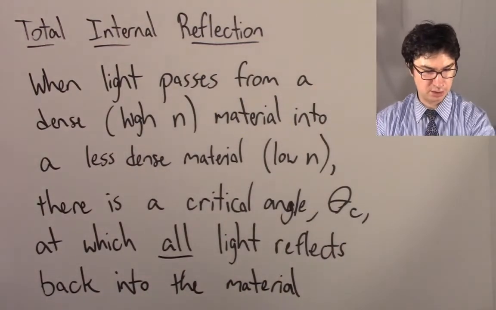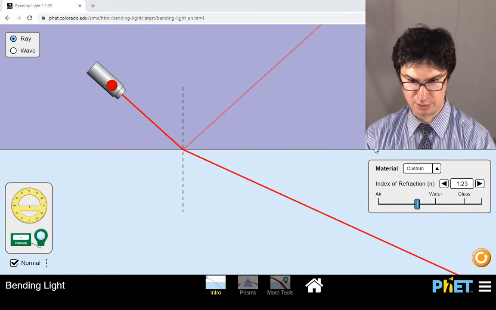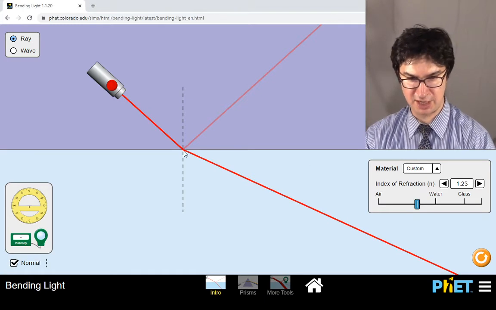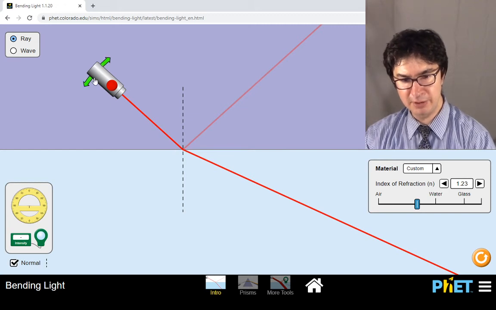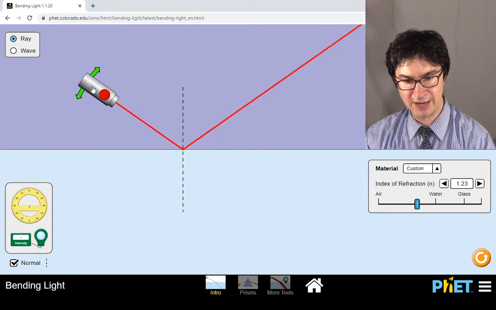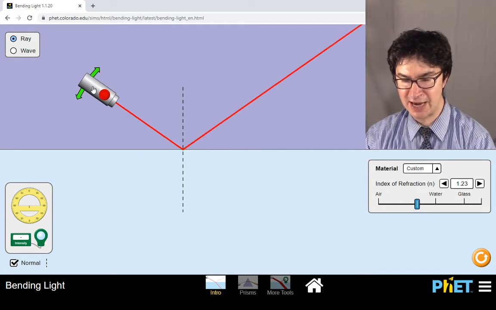So take a look over here. If we go from a dense material into a less dense material, so you can see this upper material is dense, and then there's a less dense material down here. Notice that yes, some of the light is reflecting back, but if we increase this angle enough, eventually the refracted ray, the bent ray, is passing parallel to the boundary at 90 degrees.